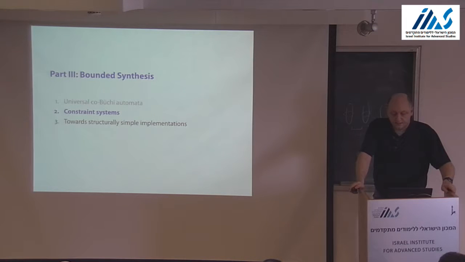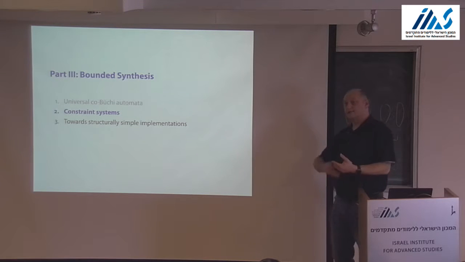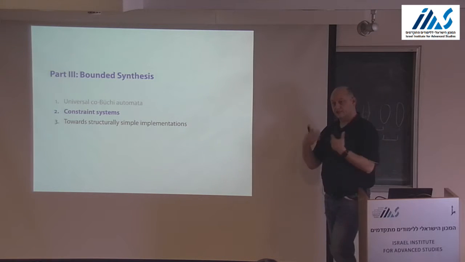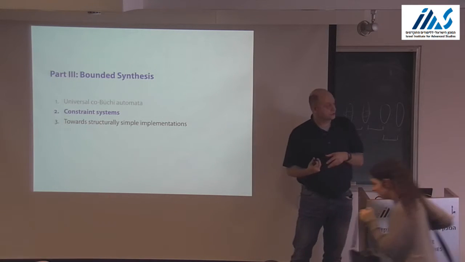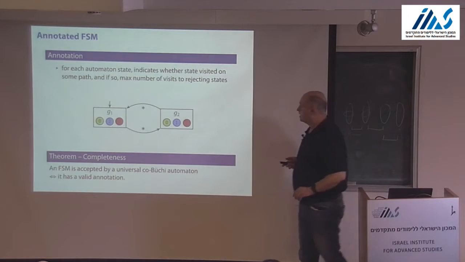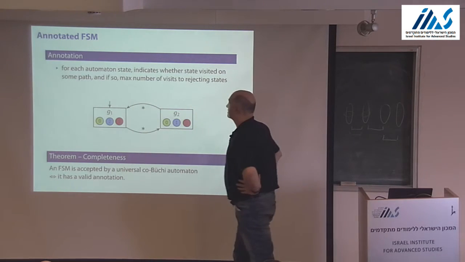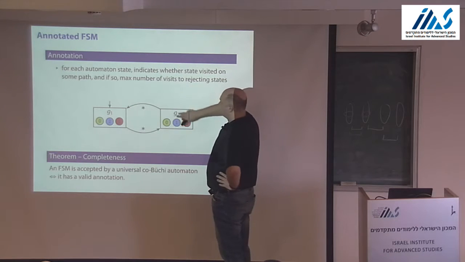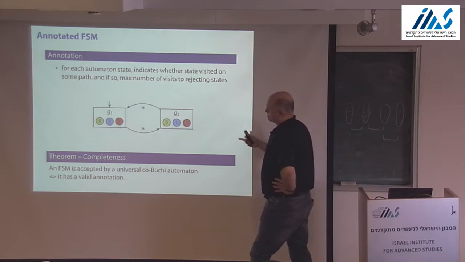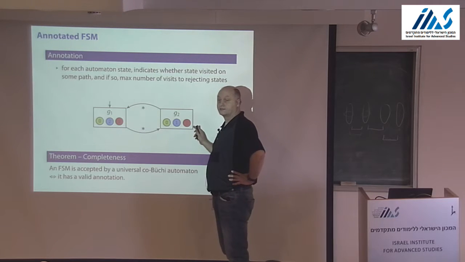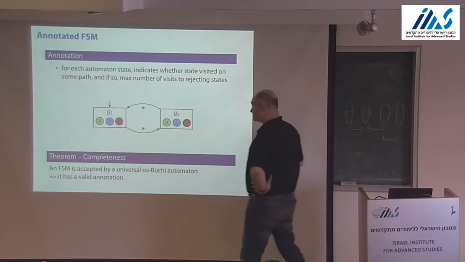So what the constraint system does is two things. It looks for the implementation, and at the same time, it looks for an annotation of the implementation that proves that the implementation is correct. So we look for such a graph where each state is annotated with a number that indicates the maximal number of visits to rejecting states on a path leading to this state.